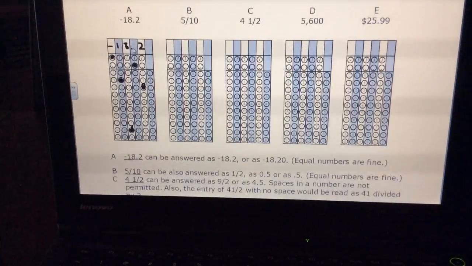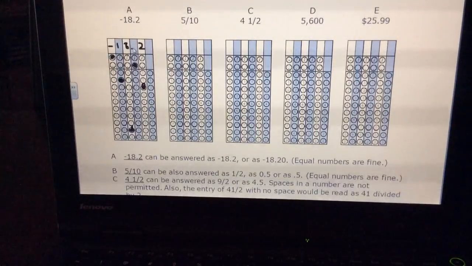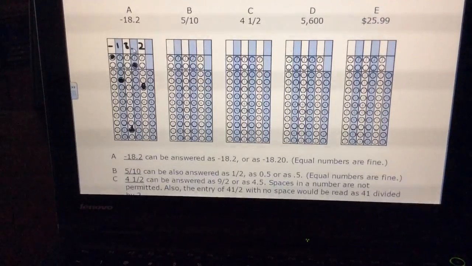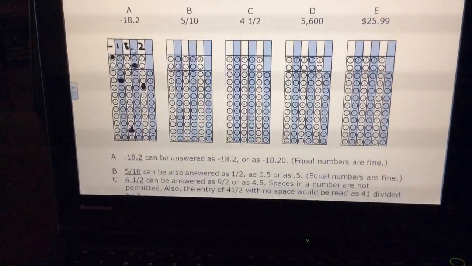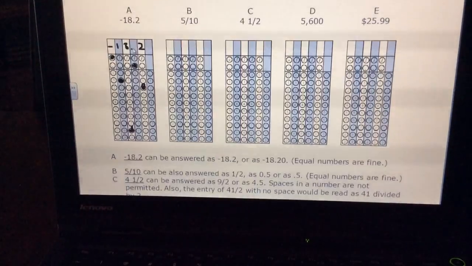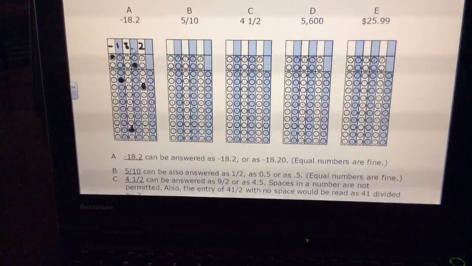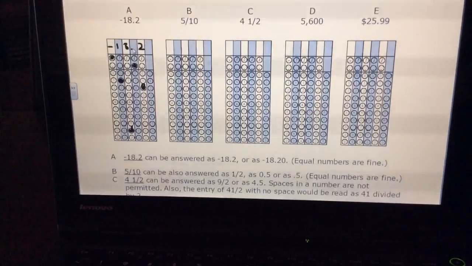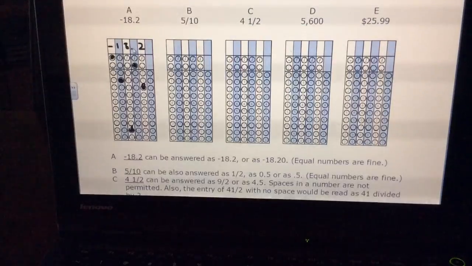All right, the next one, letter B, says 5/10. So you have some choices with this. You can do 5/10, just like it says, or 1/2, because 5/10 is 1/2 reduced, or 0.5, because that's also a half, or you can leave the 0 off. Any of those are okay.